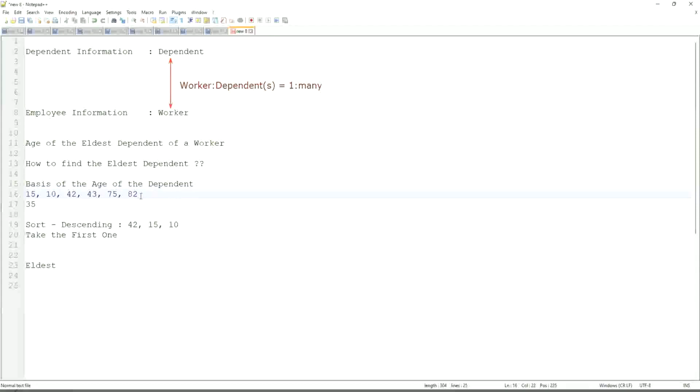So first thing that we are going to do is find out the eldest dependent. So we will sort the dependents based on the age. And then we will see what is the criteria on the basis of which we are choosing. But first, you realize that we are going to store the new calculated field in which business object, worker or dependent?